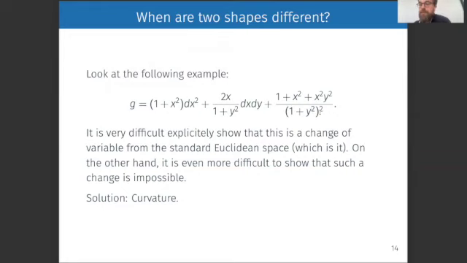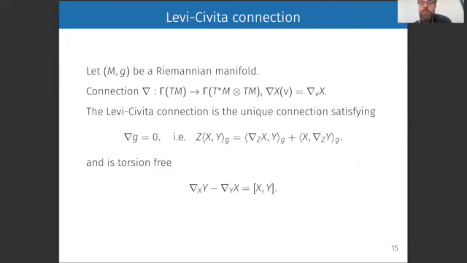In general, how do you know if two Riemannian manifolds are the same or if they're just written differently? So the typical invariant we look at is curvature. For Riemannian manifolds, we have the Levi-Civita connection, which gives us a way of differentiating vector fields.